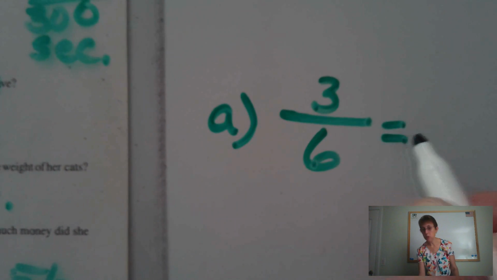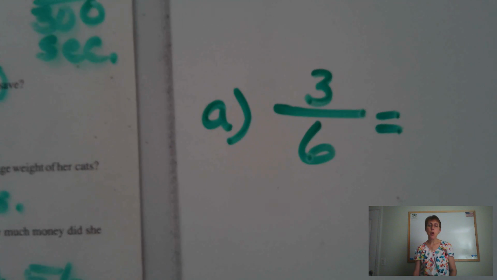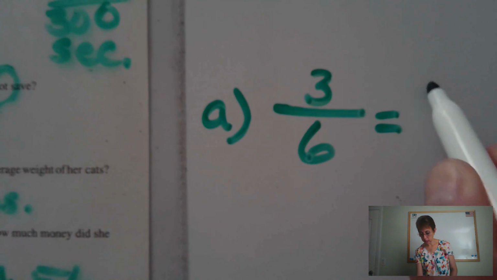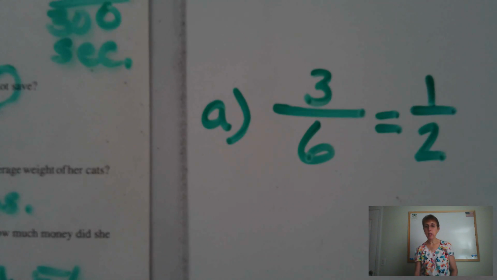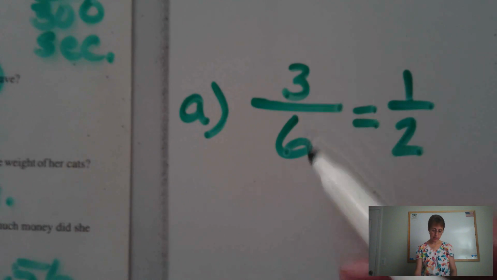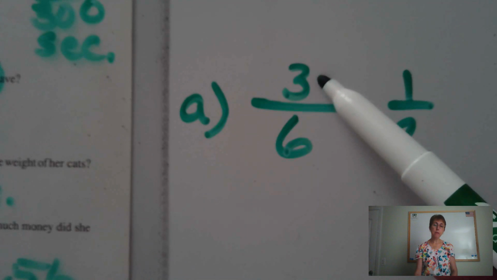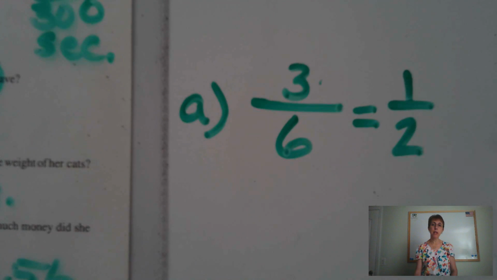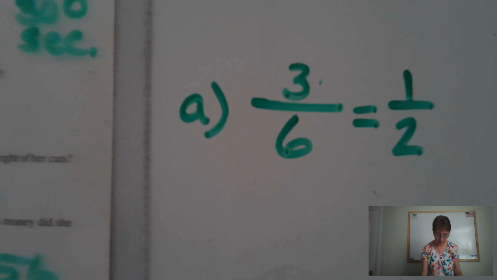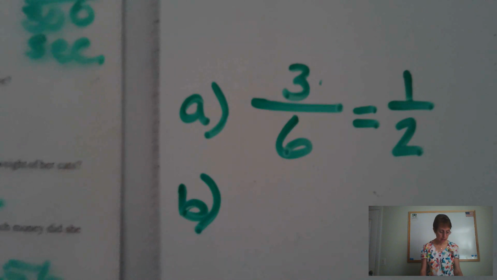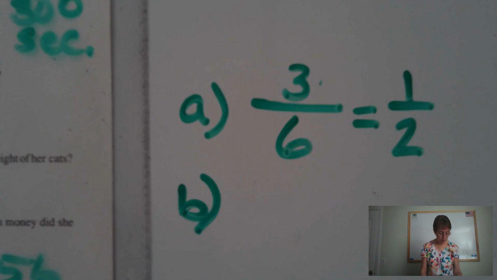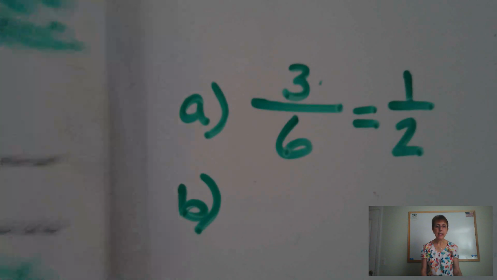However, you need to recognize that when you have a fraction that is equal to 1/2, you need to reduce it. Anytime the numerator is half of the denominator, it's equal to 1/2. So that's 8A.